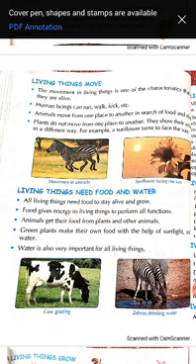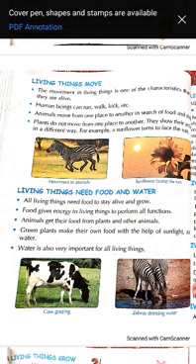Number 2 is living things need food and water. Yes, if they are alive, they cannot survive without water and food. So this is very essential, food and water. Number 1, all living things need food to stay alive and grow.